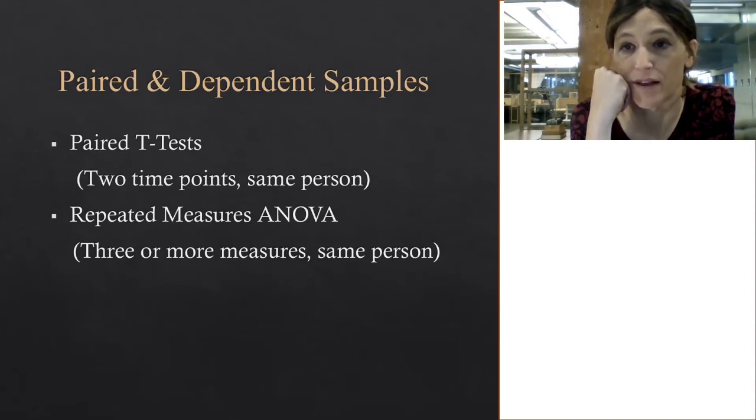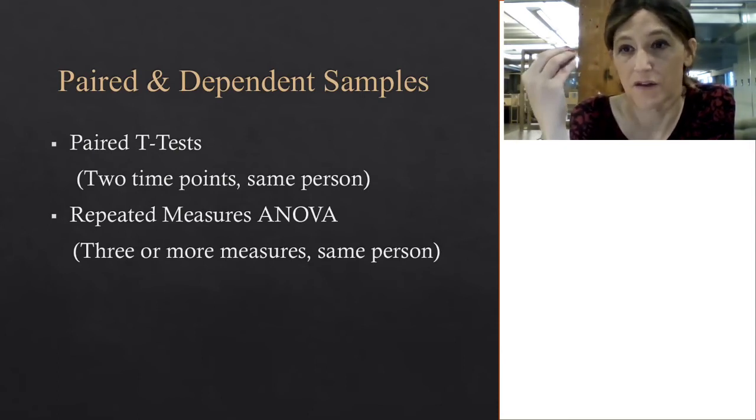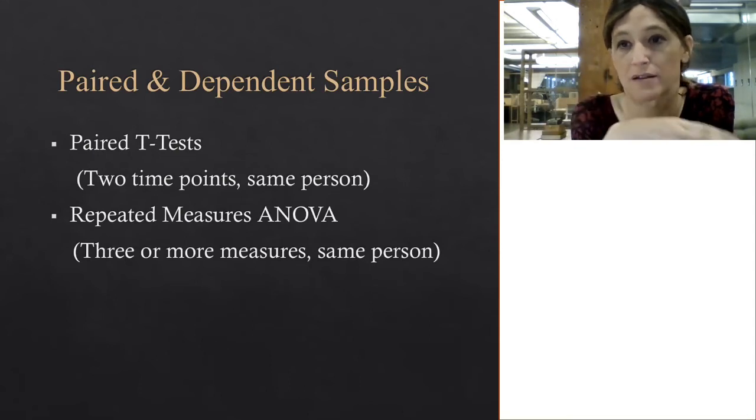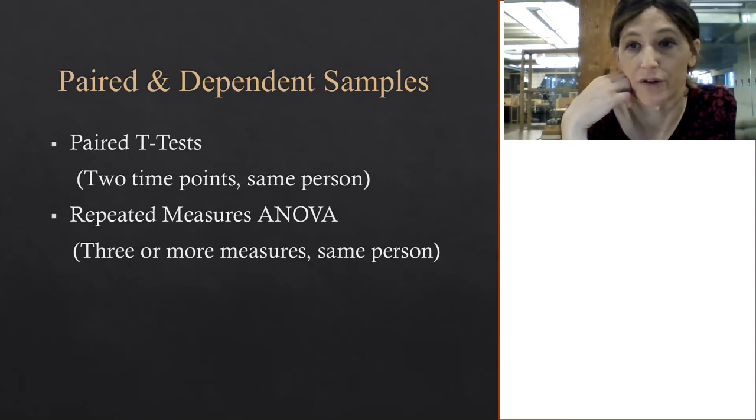But it is important that we not use an independent sample t-test when we know that there's some sort of clustering within our data, that is, that there's some dependency, in this case, the same person at 2 time points. Likewise, if we're looking across time over the same subject, we might use what's called a repeated measures ANOVA.